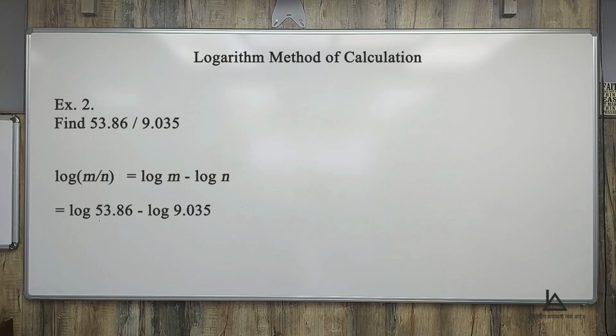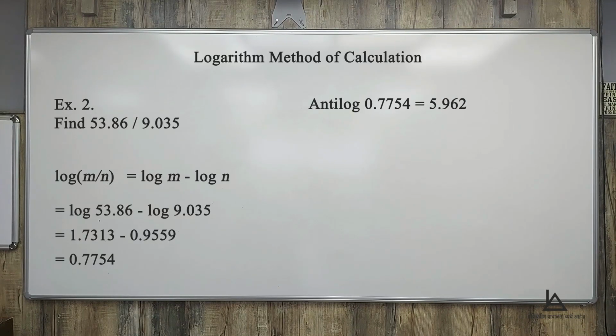They turn out to be 1.7313 and 0.9559 respectively. Subtract them. They turn out to be 0.7754. Remember, after having found out log, we have to find antilog to get to the final answer. So antilog of 0.7754 is 5.962. And so the answer of 53.86 divided by 9.035 is 5.962.